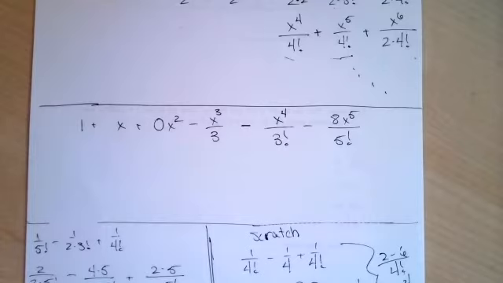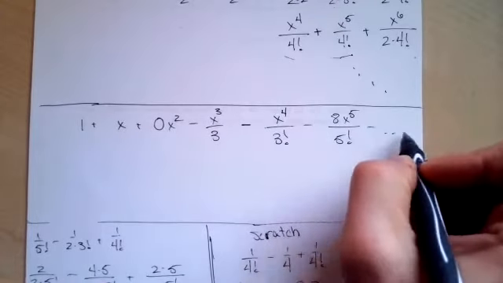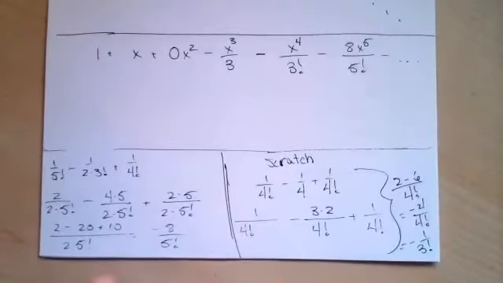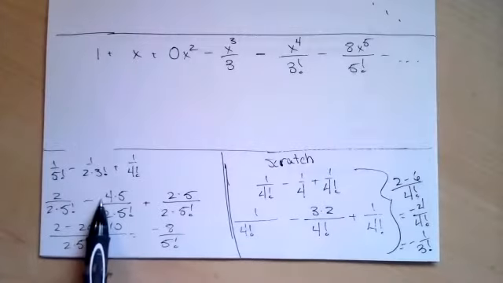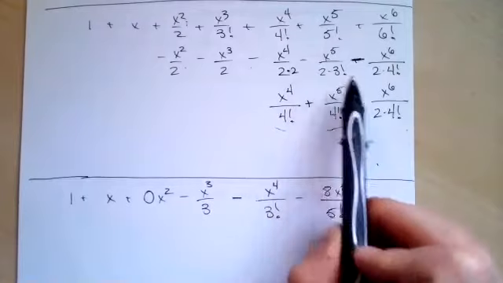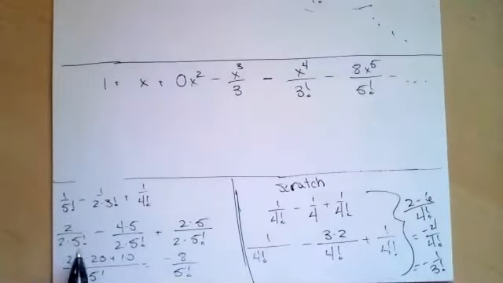Isn't it 2 times 5 factorial? Does that make sense? Did I make any mistakes? Sorry, I'm just catching up, seeing a comment in the chat. Isn't it 2 times 5 factorial? What's 2 times 5 factorial? Let me check my algebra here. We've got 1 over 5 factorial, 2 times 3 factorial, 4 factorial.